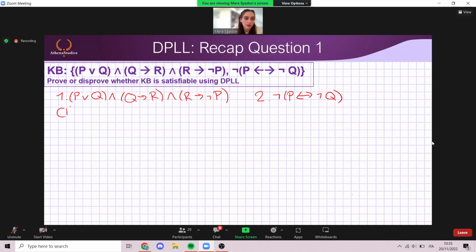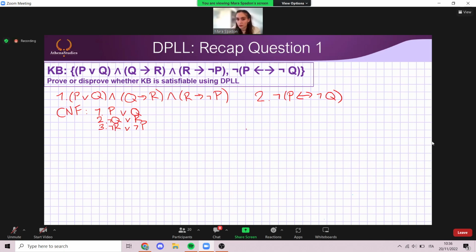So if we want to convert it to CNF, all we get are 3 separate clauses. So we have P or Q, we get Q implies R, and we get R implies not P. And now we can also rewrite the implications to become not Q or R and not R or not P. So far we're just applying CNF.